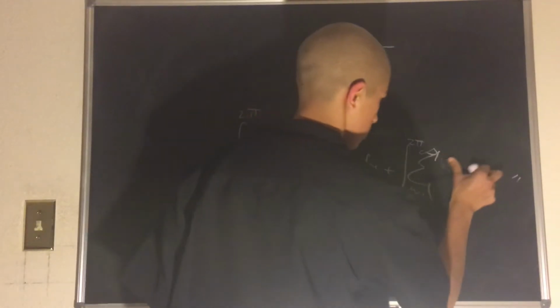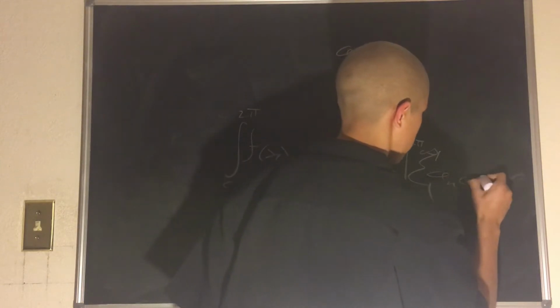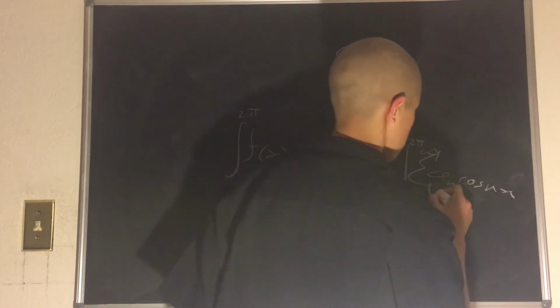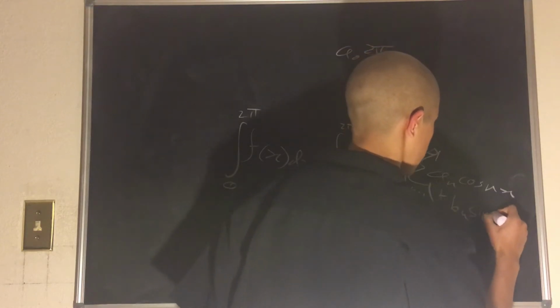And this is an cosine of nx plus bn sine of nx.